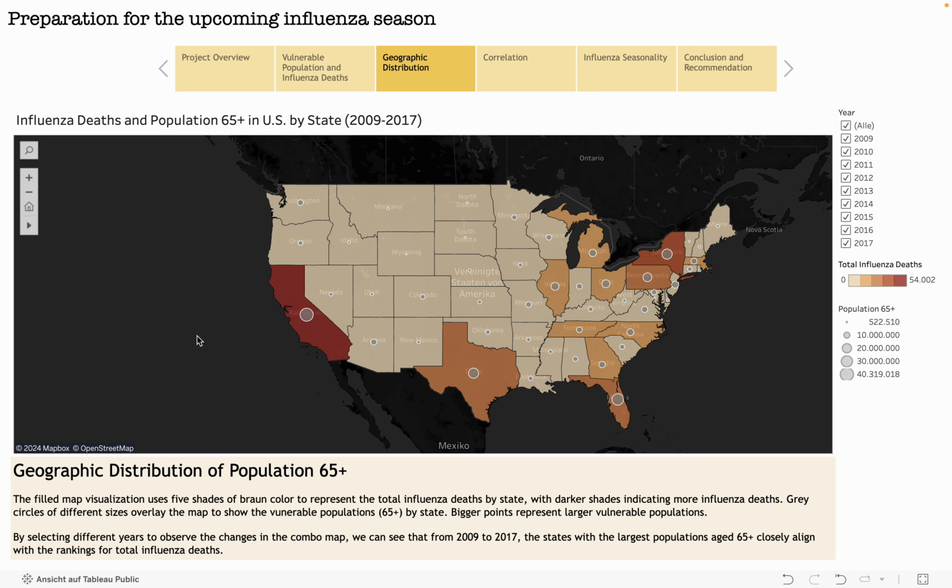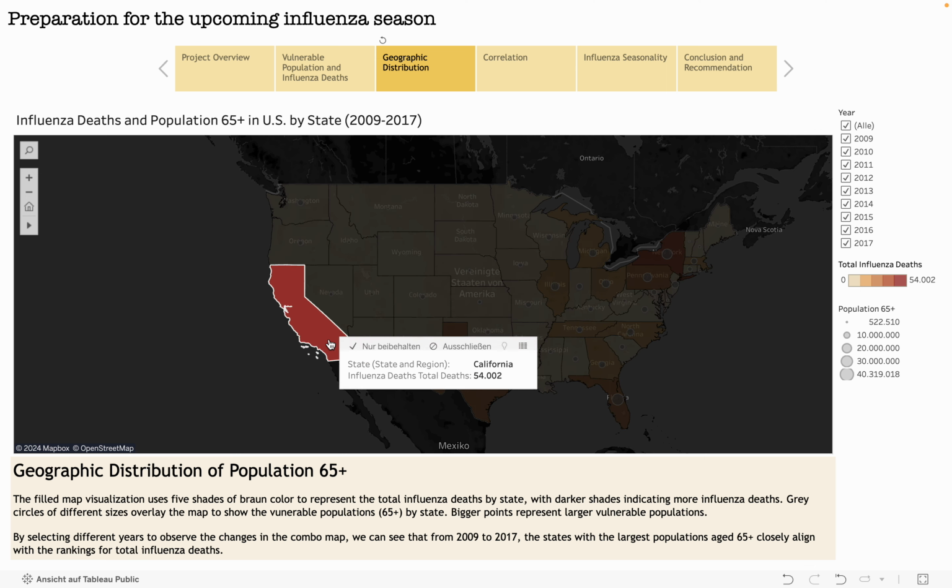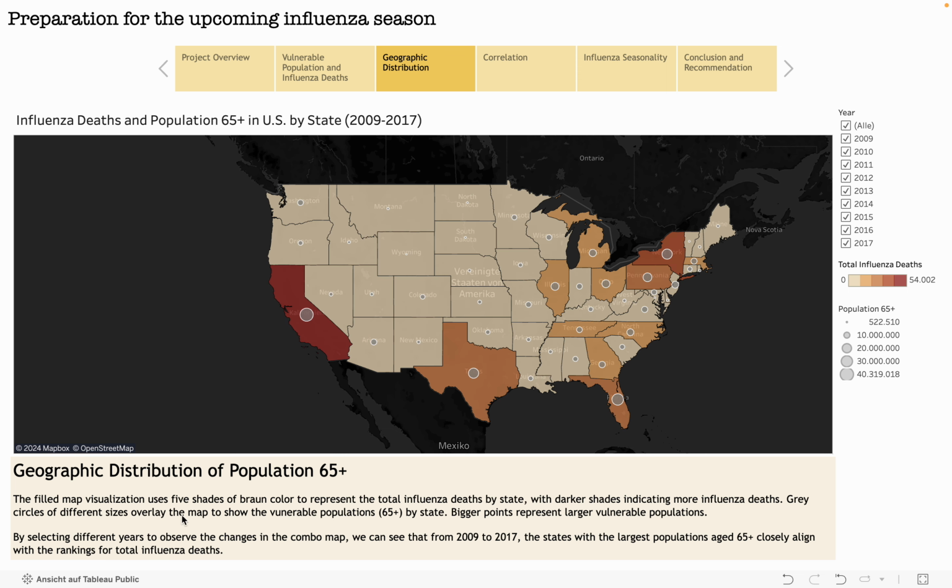The map visualization uses 5 shades of brown to represent the total influenza deaths by state, with darker shades indicating more influenza deaths. Gray circles of different sizes overlay the map to show the vulnerable populations by state. Bigger points represent larger vulnerable populations.